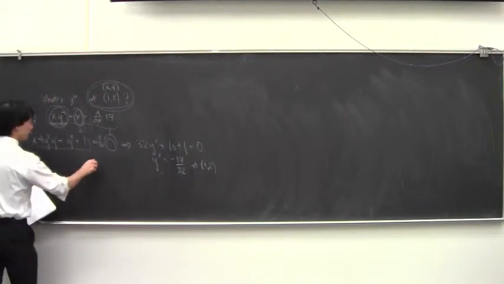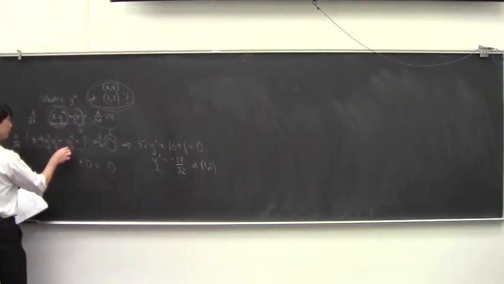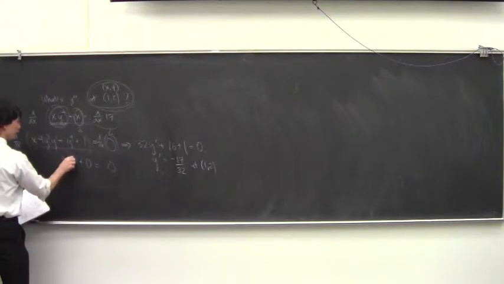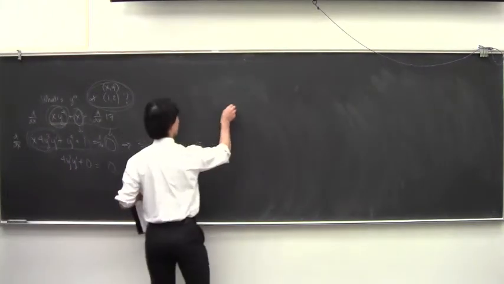Again, you get the 0. The y to the 4th becomes 4y cubed y prime. And the only pain in the neck term is this one. But again, you use the product rule multiple times. So let's do that on the side.